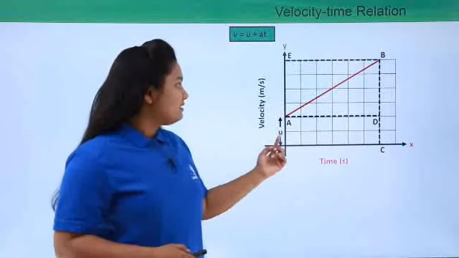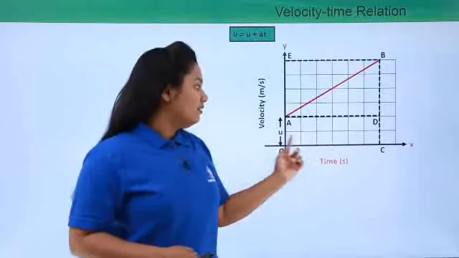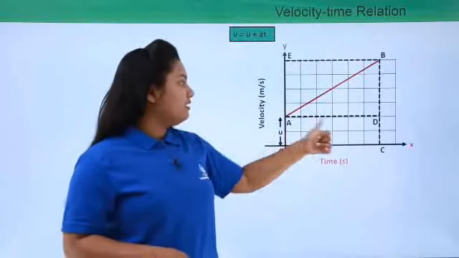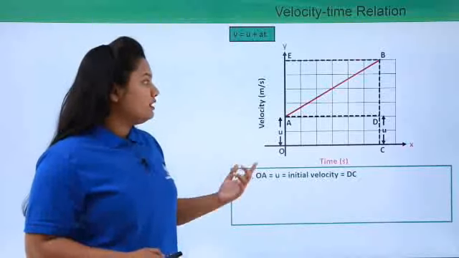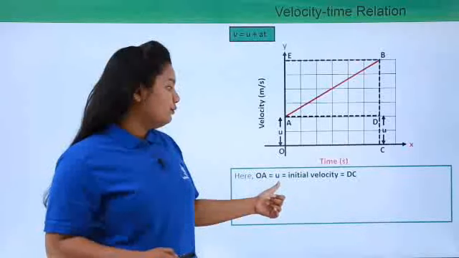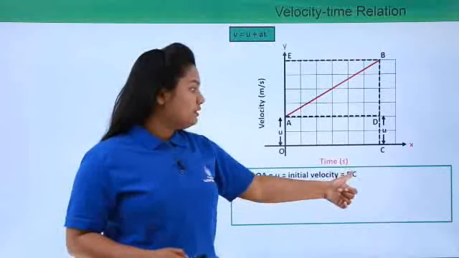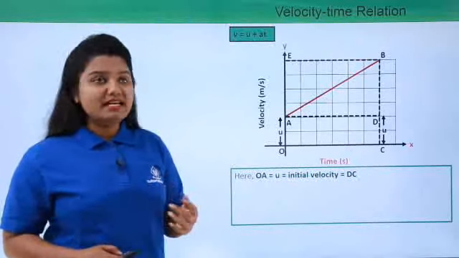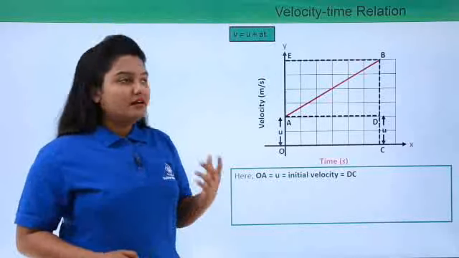And since OA will be exactly equal to DC, since they are the two opposite sides of the rectangle OADC, DC will also be equal to u. So here OA equals u, which equals the initial velocity of the body, and this also equals DC. Now the final velocity of the body is given by this length, that is OE.